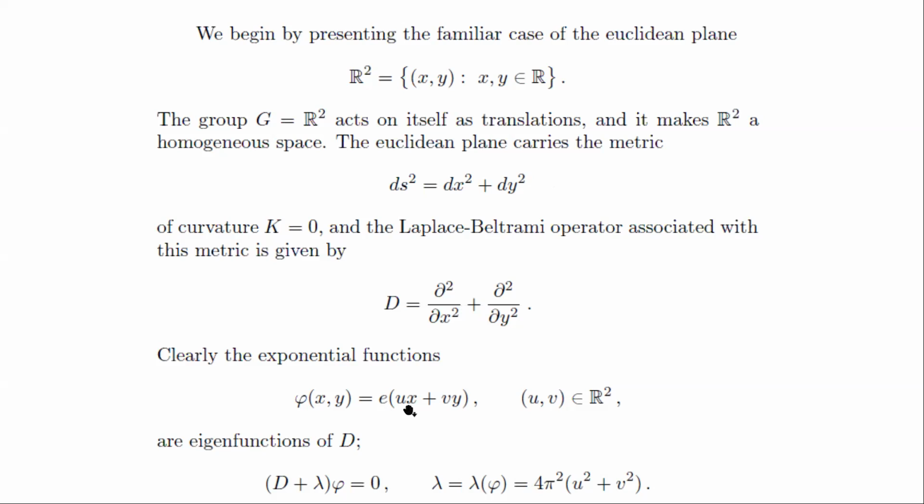And the eigenfunctions of this operator are going to just be these exponential functions. And when you apply d by dx squared, you're going to bring down a 2 pi i squared and a u squared. And over here, you'll pull down 2 pi i squared and then a v squared. And so there's our 4 pi squared times u squared plus v squared.